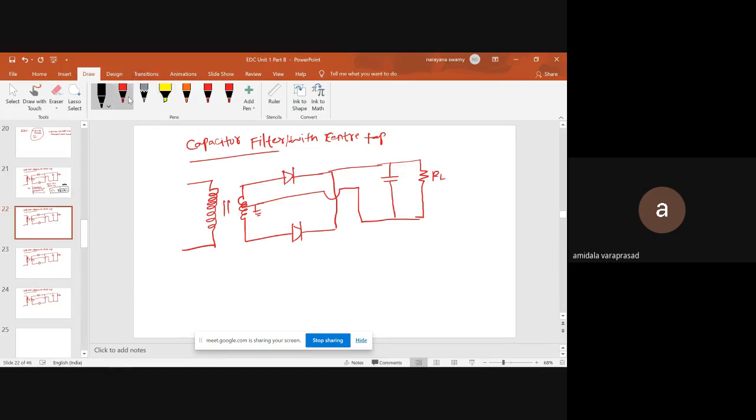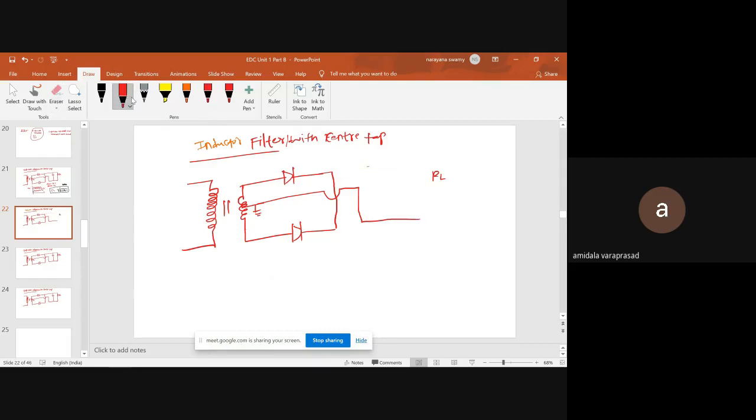Next, inductor filter. Just now I said this is the center tap transformer. Inductor filter means the inductor needs to be placed in series with RL.